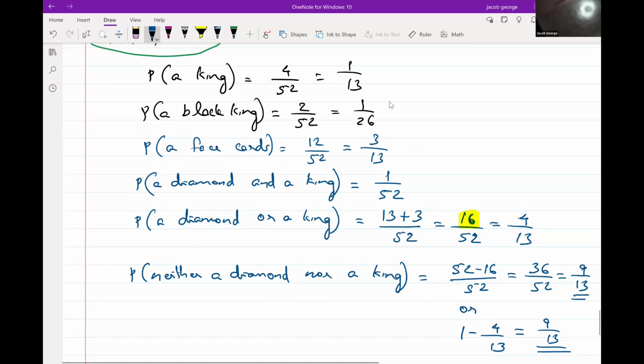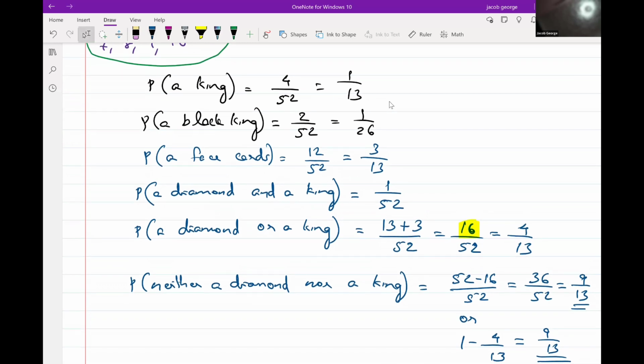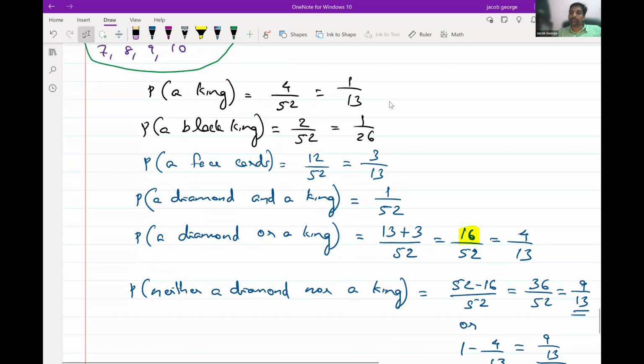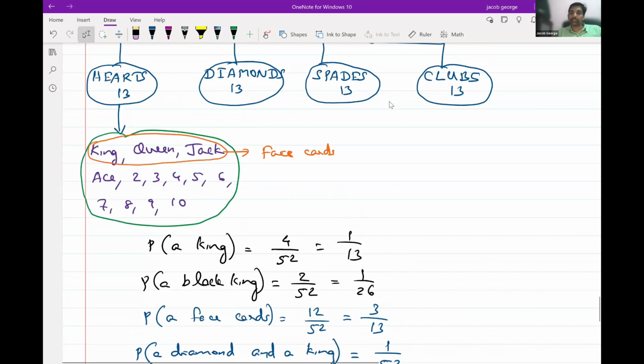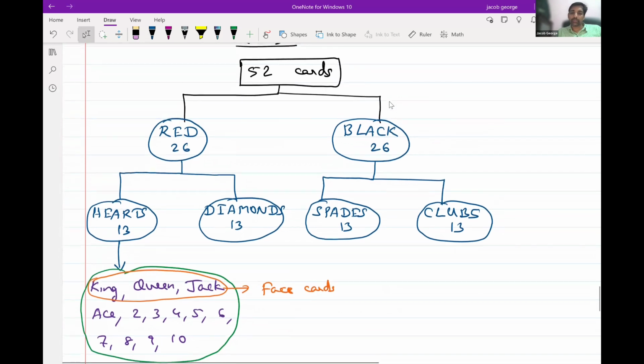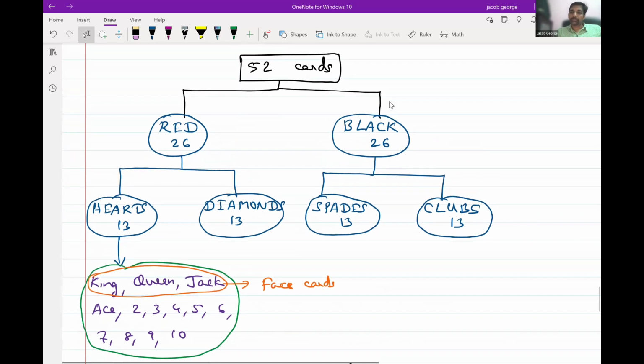I hope you all understood the different varieties of questions based on cards. This is not only for class 11; class 10 you have studied this. In class 11 and class 12 also we have cards questions. All of you understood? Should I explain any part again? This diagrammatic explanation is also very important, it will help you understand this topic faster.